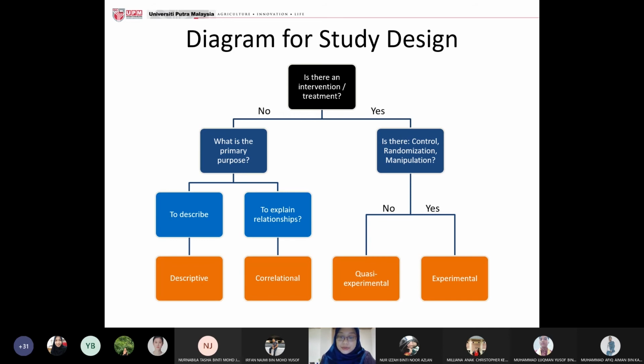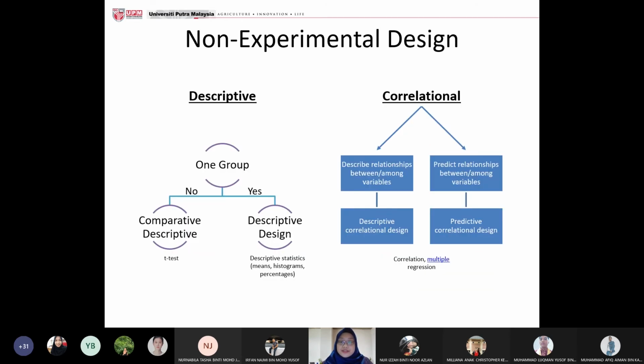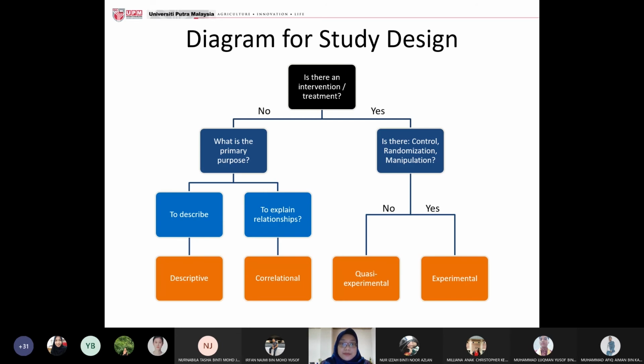Okay, and that's fine. It totally depends on you guys what you want to do. Okay, now we'll go quickly on the non-experimental design. If you notice just now, descriptive and correlational are non-experimental designs. Okay, but are they qualitative or are they quantitative?